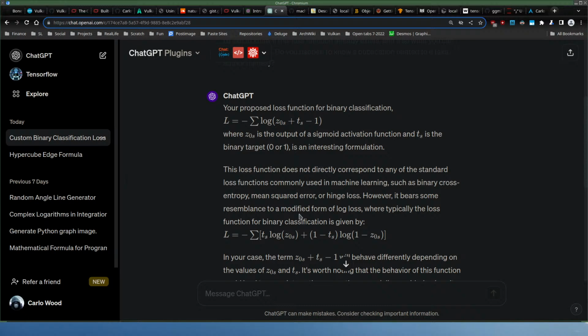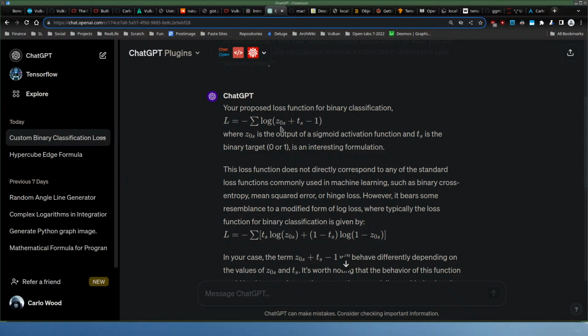So it does exist. Yeah, cool. So if the target is 0, then this drops out, and this is 1 times that. So it's a log of 1 minus z.